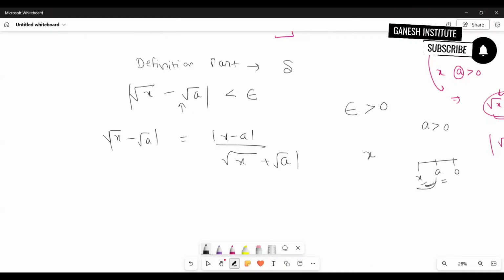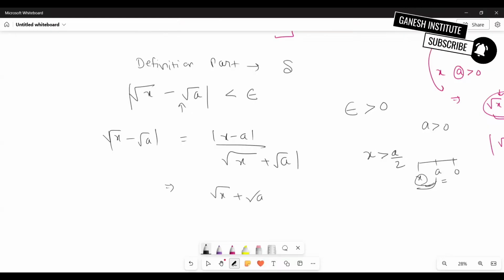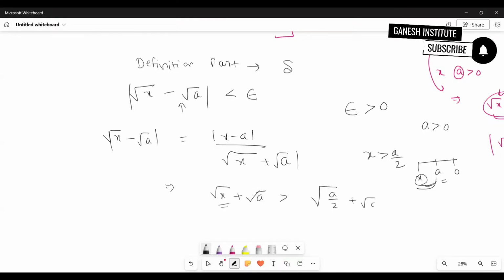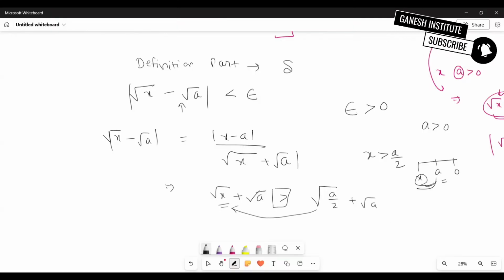I know a is greater and x is smaller, but I can still make it x is greater than a by 2, right? Now, if you have that, what will it give me? Root x plus root a. I can substitute the value of x as a by 2. Still, it is going to be bigger because a is greater than a by 2. So this is the satisfied condition.